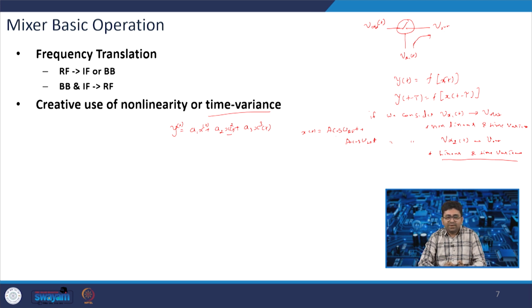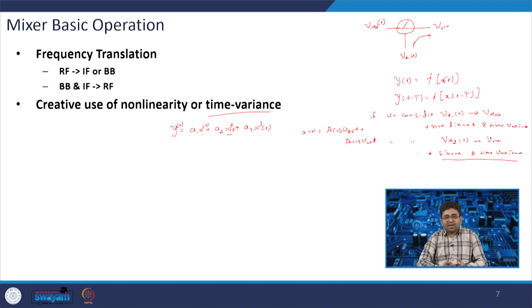So, that is why it is mentioned here that it is a creative use of non-linearity or time variance. So, how are you going to use a different non-linear device? Always, when you try to design a mixer, you need to use a non-linear device, or if you are switching, it is time variance.